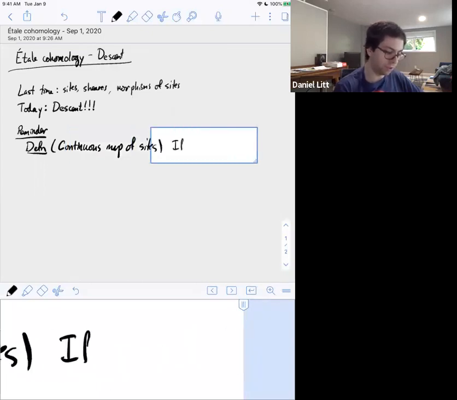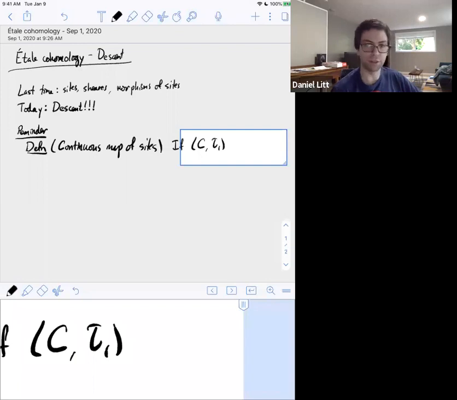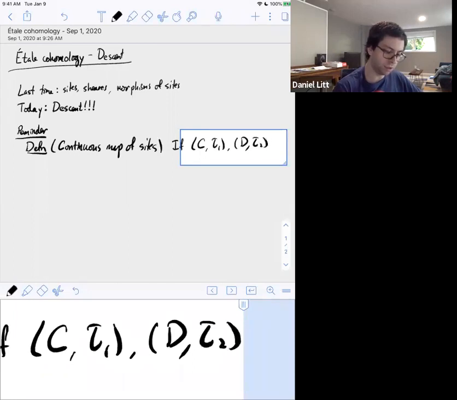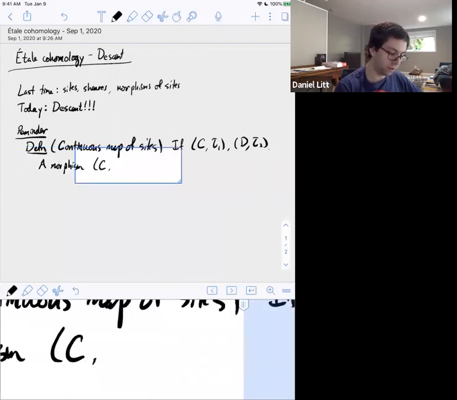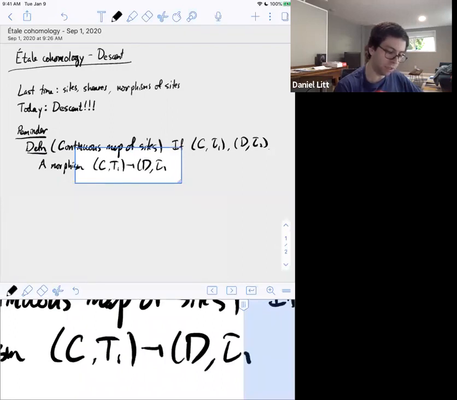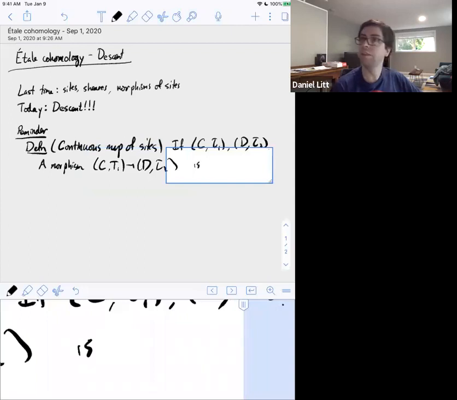We had two sites, C, T1, where C is a category and T1 is a collection of covering families, and D, T2. Then a morphism, or a continuous map, from C, T1 to D, T2. Can anyone remind me what the definition is?